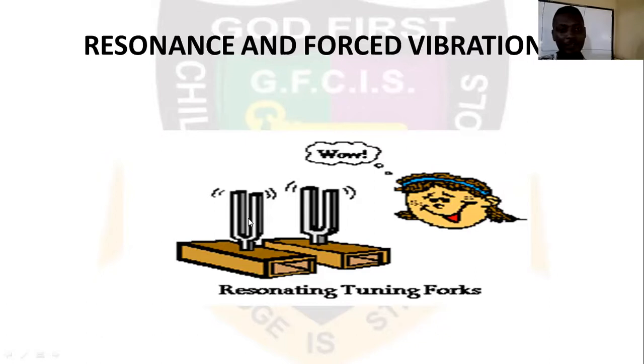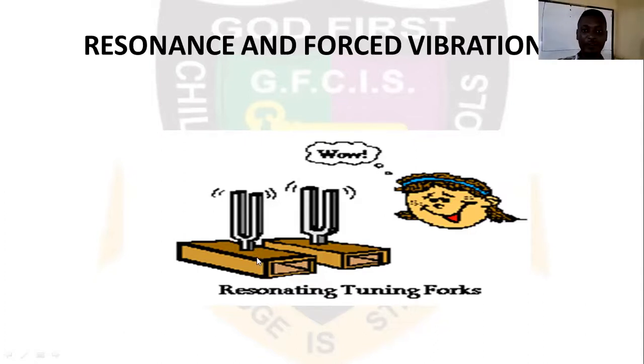Now what happens is this vibrating tuning fork will cause this box to vibrate, and that kind of vibration is known as what? Forced vibration. Now the tuning fork is causing this one to oscillate. The frequencies are not the same, so this will vibrate.